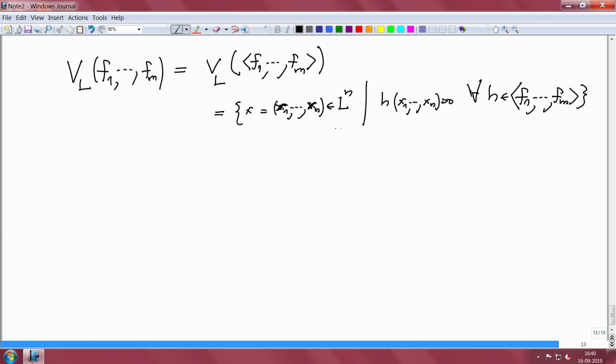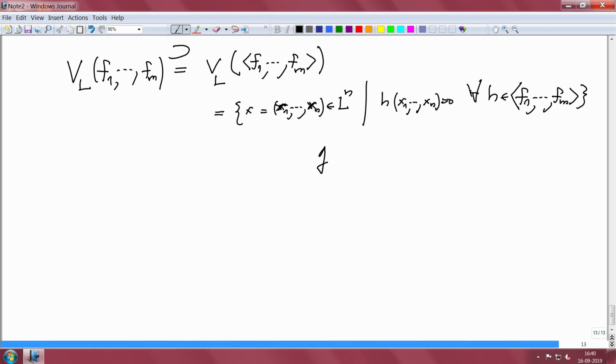This is very clear because if all polynomials in the ideal vanish, then all polynomials fj vanish. So this is definitely clear. Conversely, if all these polynomials f1 to fm vanish at that x, then a linear combination of f1 to fm with polynomial coefficients will also vanish.